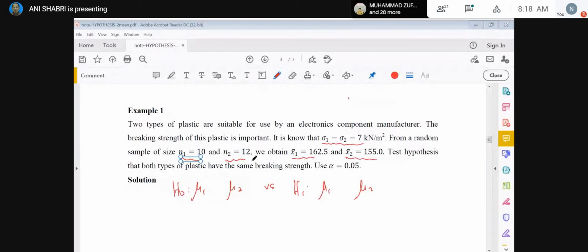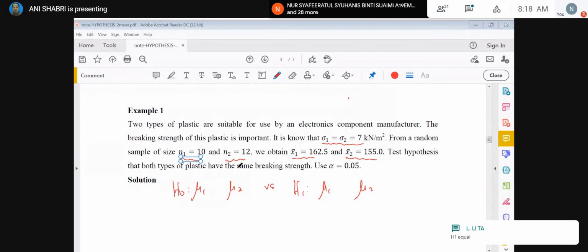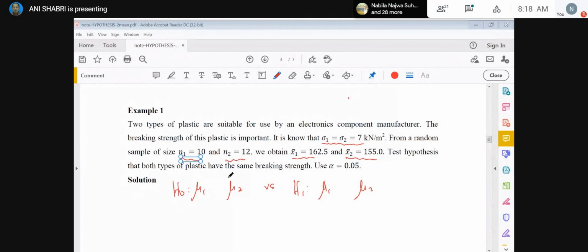Okay, equal. Why equal? Same breaking strength. Look at the last sentence: test the hypothesis that both plastics have the same breaking strength. We want to see whether they are the same or not. Equal or not equal. Okay, this is the hypothesis.